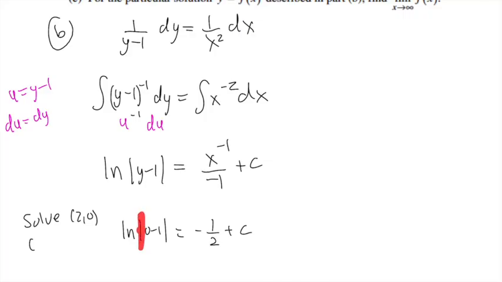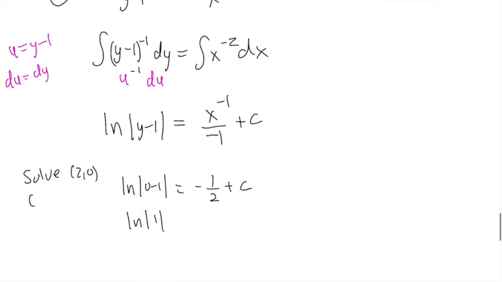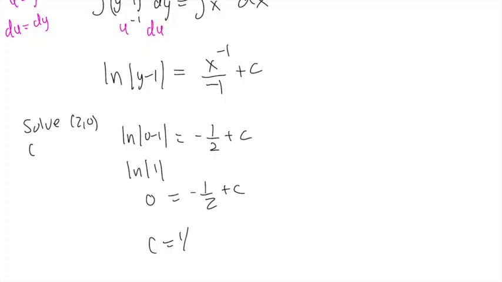Now, this is an important reason why these are in absolute values every time you take an integral. So this does have a solution. This is equal to log of 1, because it's the absolute value. And that we know is equal to 0. So we know that our c is 1/2.